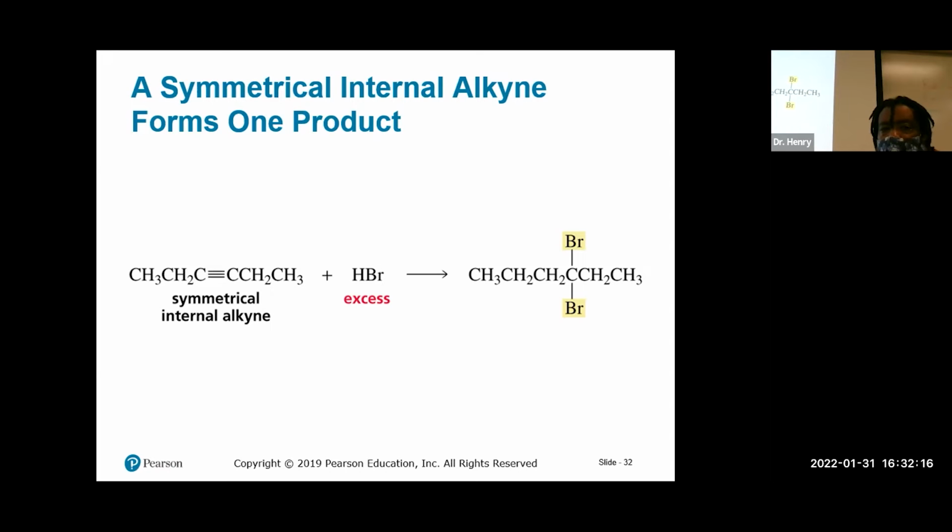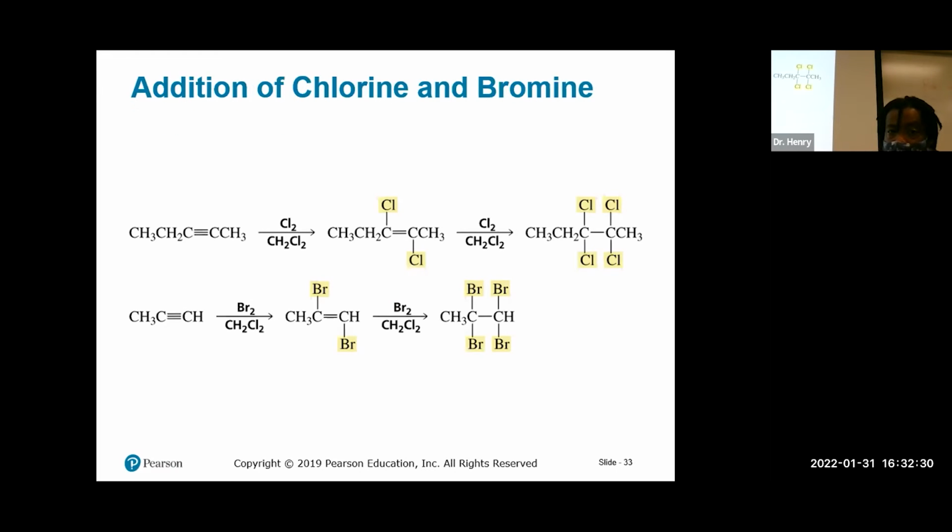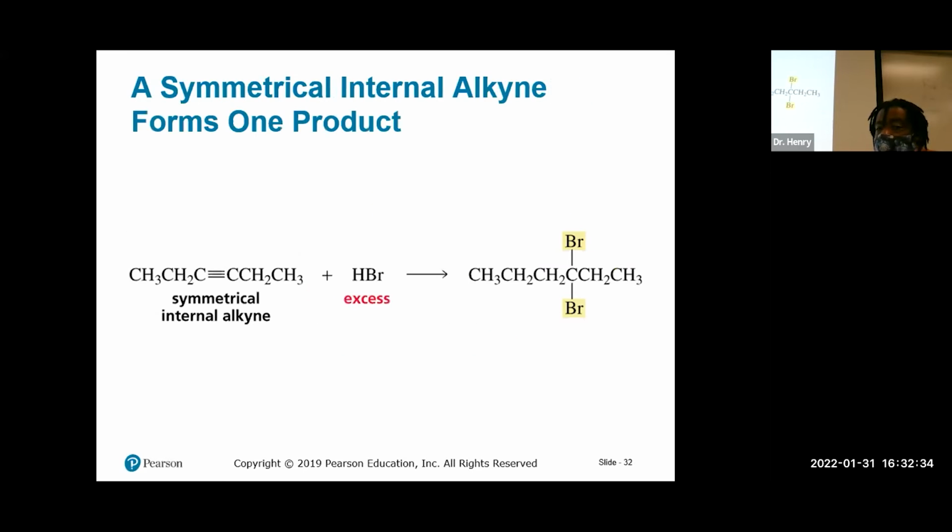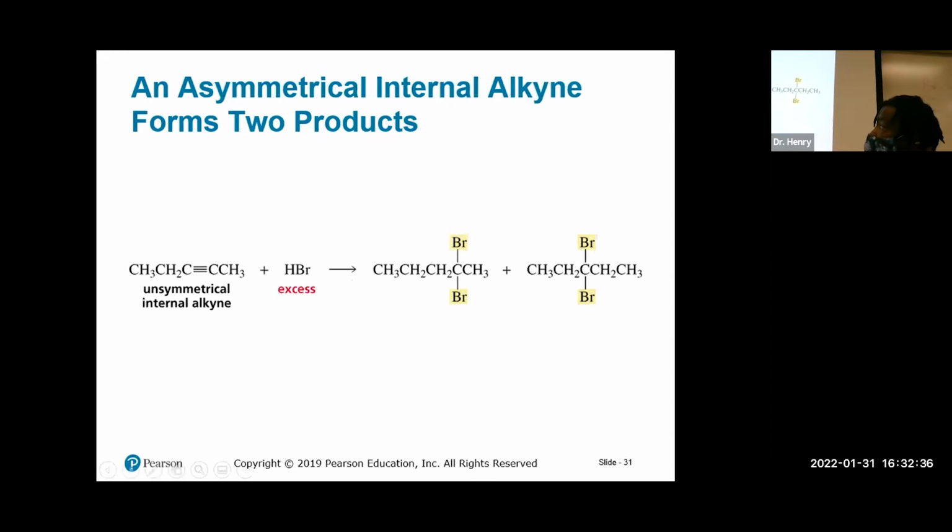So in this situation, you're going to end up with the same either way, right? Because it's right in the middle, symmetric. You're only going to end up with one compound. Because of where it's located. So this is unsymmetric, right?